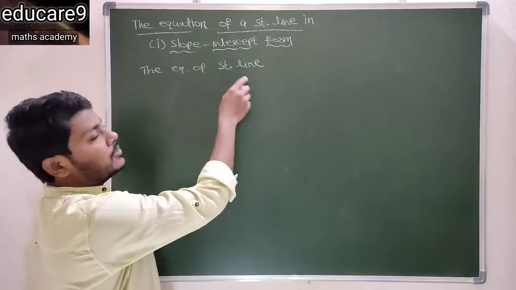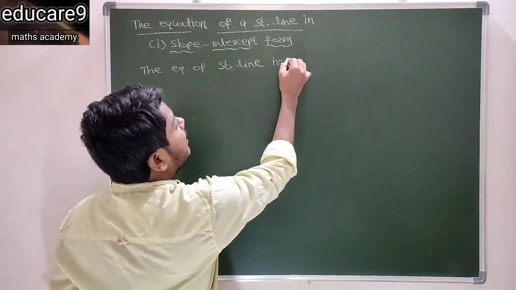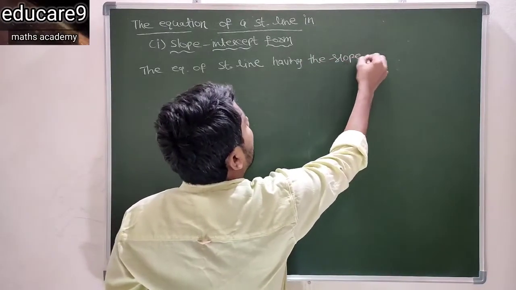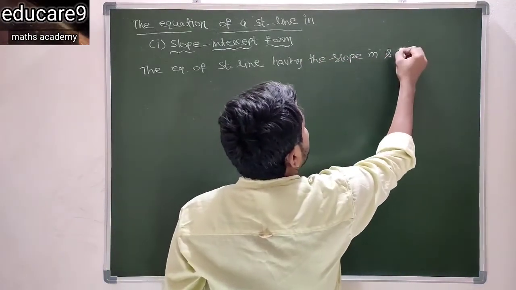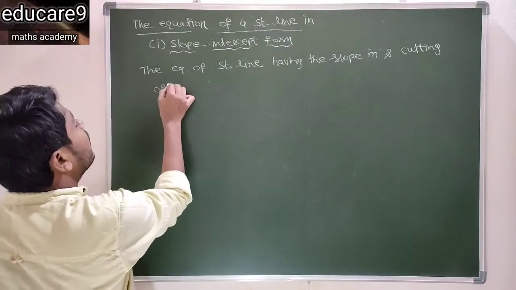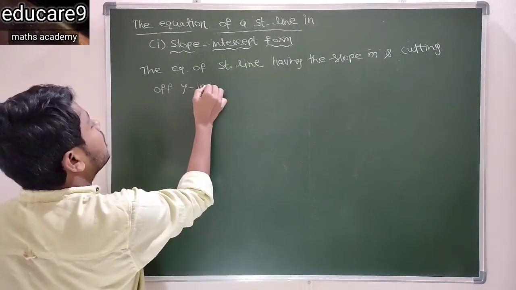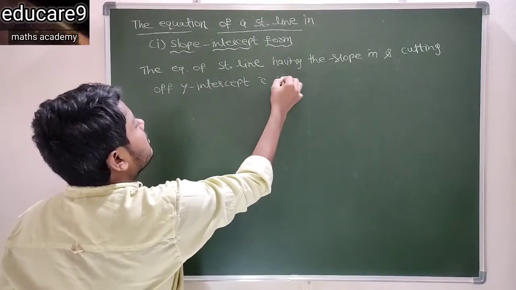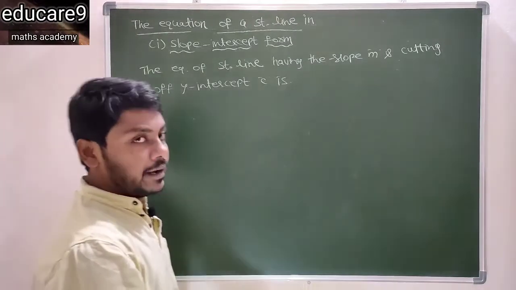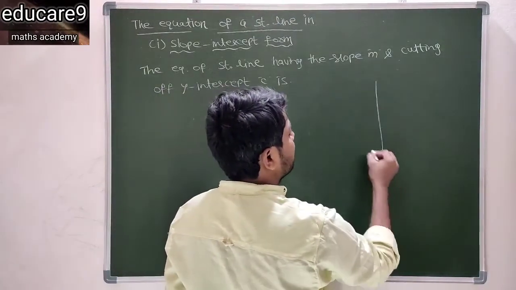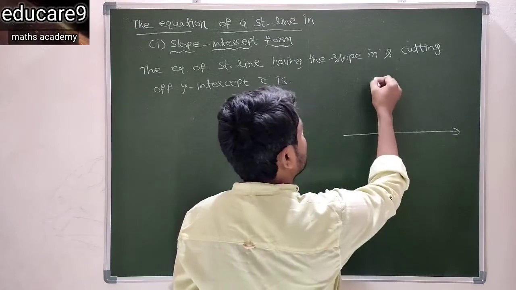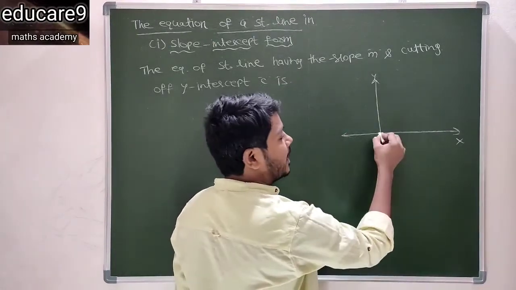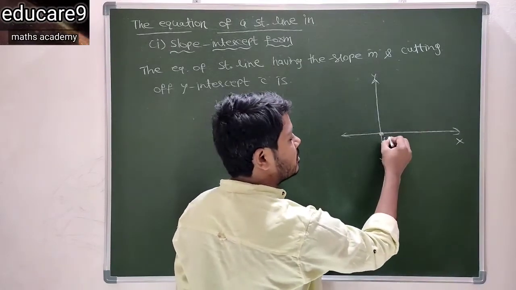So what is the equation of the straight line having the slope m and cutting off y intercept c? Consider the coordinate axis, here this is the x and y axis, and the point of intersection of the two axes is the origin.